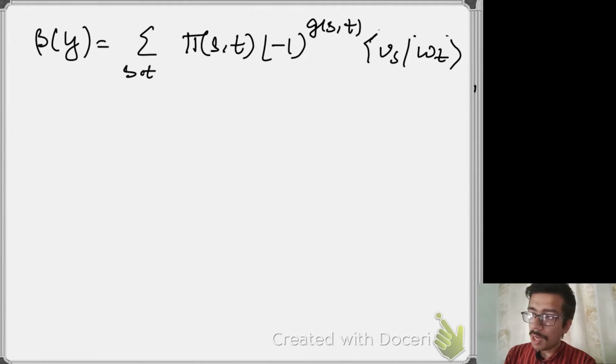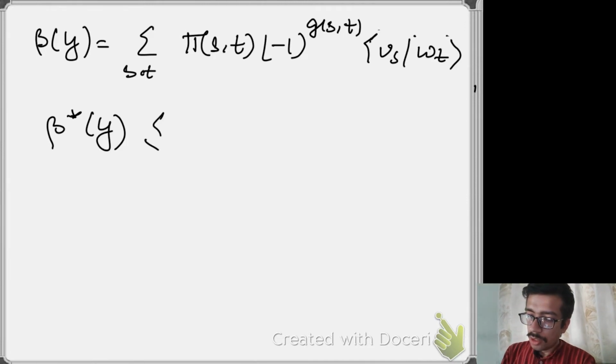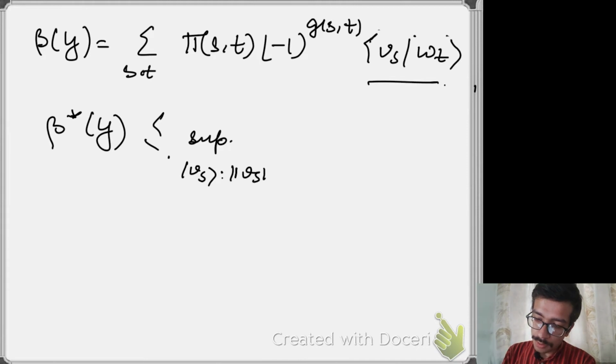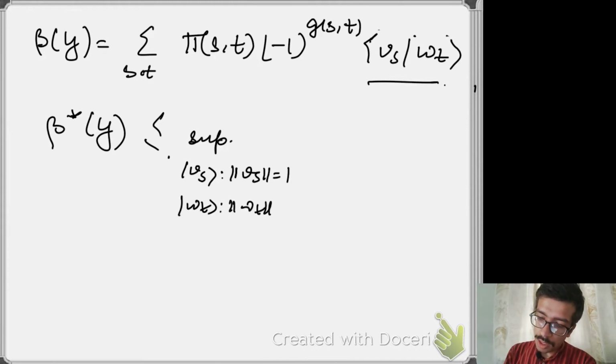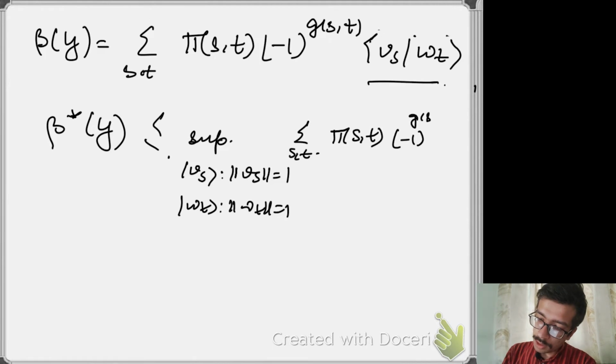So therefore the optimal bias will always be less than or equal to the supremum over unit vectors Vs and WT of the sum over S, T of pi(S,T) (-1)^G(S,T) Vs dot WT, right?